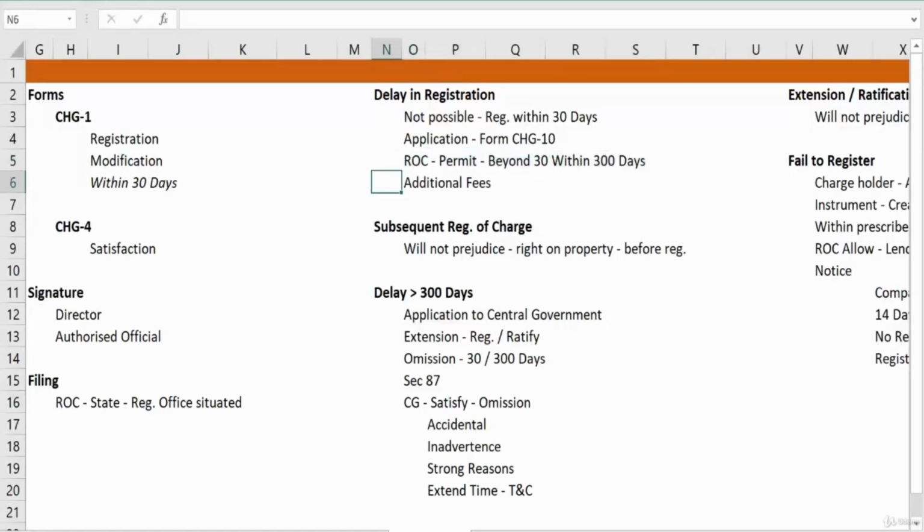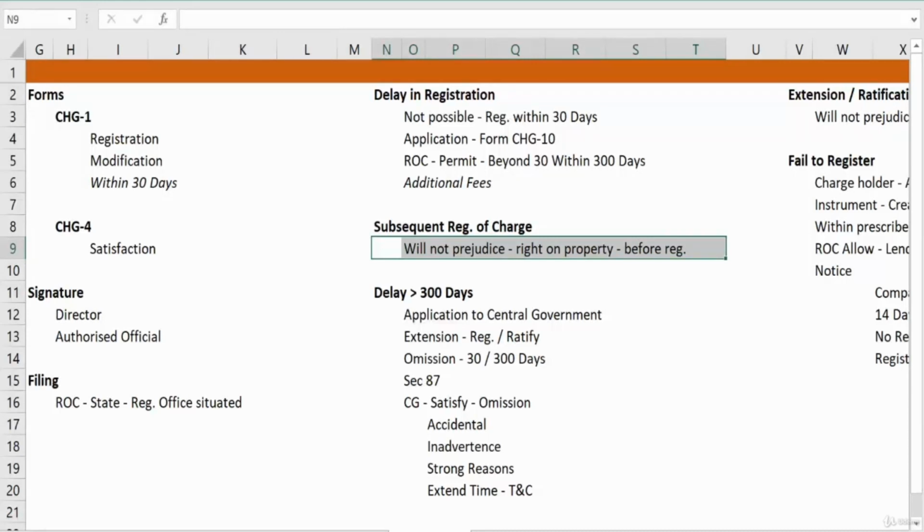For that, some additional fee has to be paid. It is also provided in the Act that any subsequent registration of a charge will not prejudice any right acquired in respect of any property before the charge is actually registered.